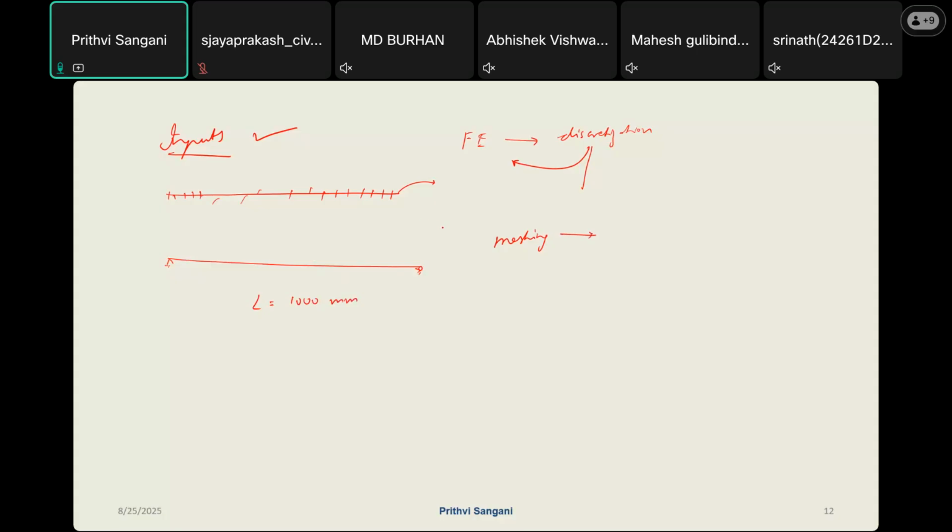We'll also come to the rules of meshing later on. But for the time being, let us say that you can do it into n different parts. Let us say I want to break this down into 100 parts. You'll take the number of elements as 100, and then you will break it down into 100 parts. So this is nothing but the meshing.